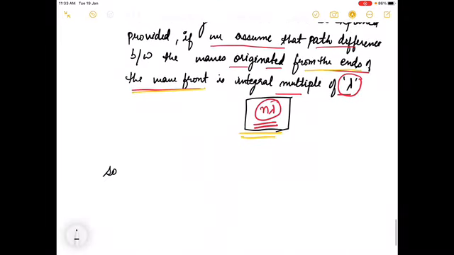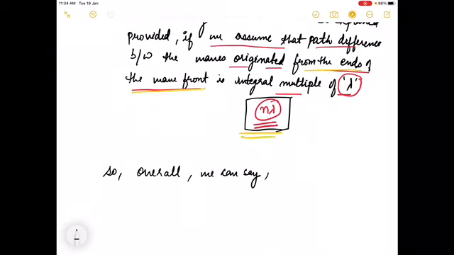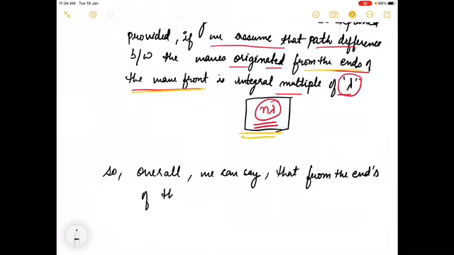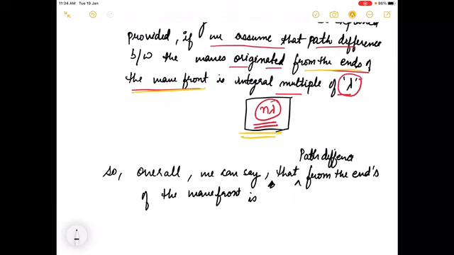So overall we can say that the path difference from the ends of the wavefront is an integral multiple of lambda.